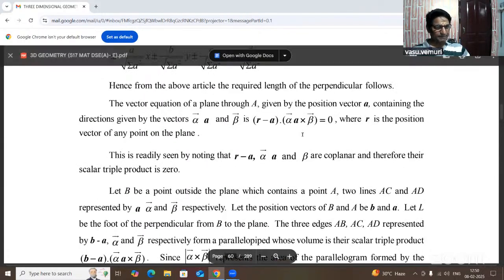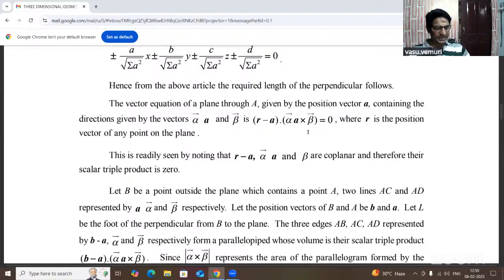Now the vector representation is (R minus A) dot (alpha bar cross beta bar) equal to 0. That is the vector representation of the perpendicular distance from the point to the plane. Here R minus A, alpha bar and beta bar, these three are coplanar.